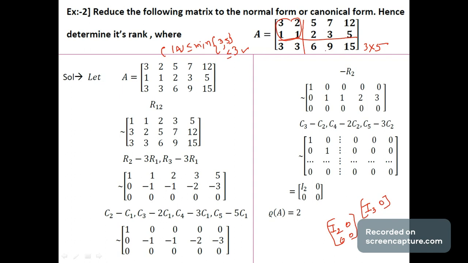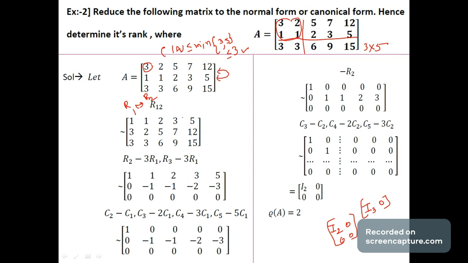So that will be seen after applying the operations. So first of all, make this element a 1. For this we have to interchange these two rows. R2 tends to R1, R1 replaced by R2.